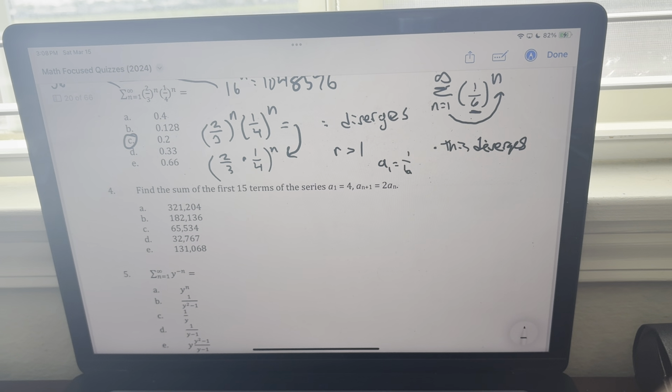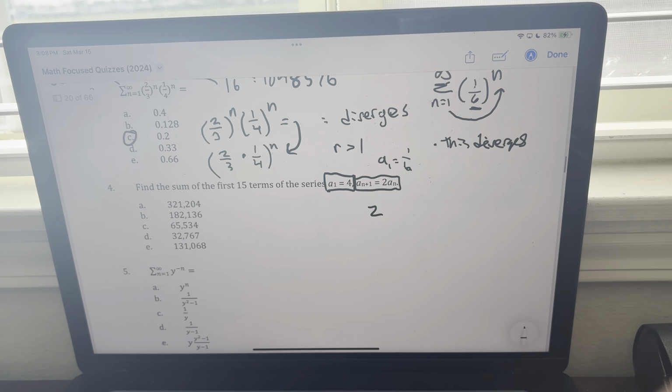Okay, so next up, we've got a different way of expressing these little terms here. So we know that this is just telling us that our common difference, or since we are multiplying by 2 each time we get to the next term, because a_(n+1) means that you're doing the next term after a_n. So for example, a1 we know is equal to 4.